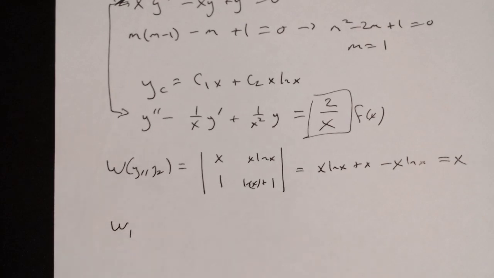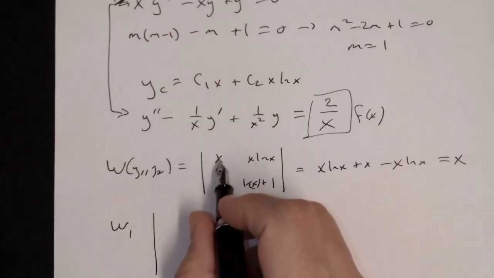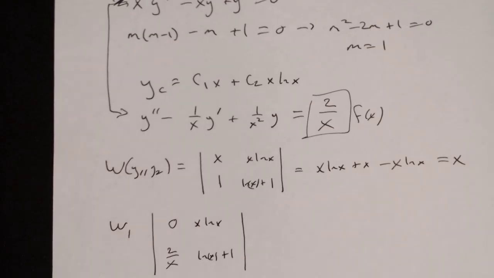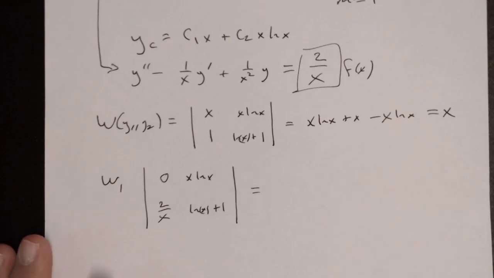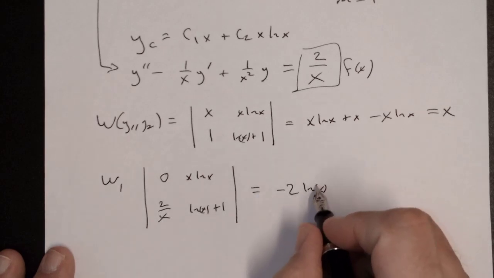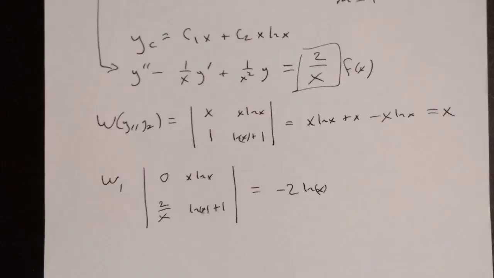Now, W1 replaces the first column with 0 and f of x. And I do my determinant. And I get 2, maybe 2, because the other piece is 0.